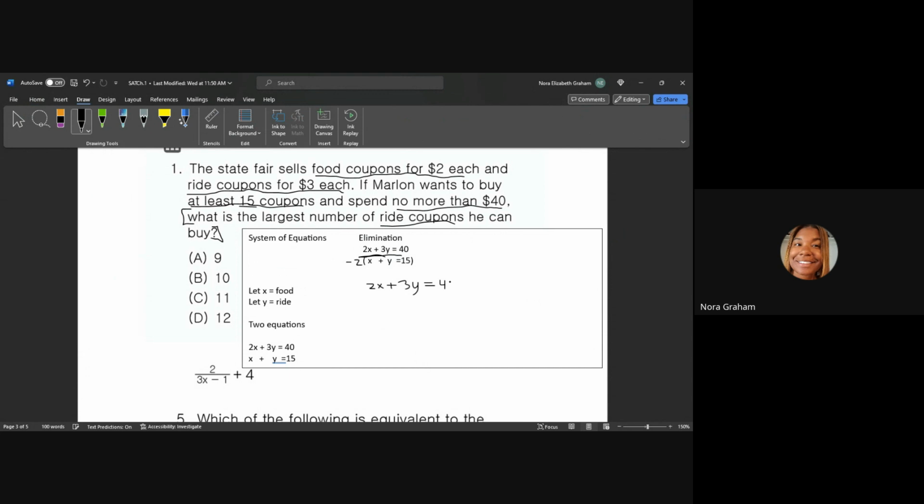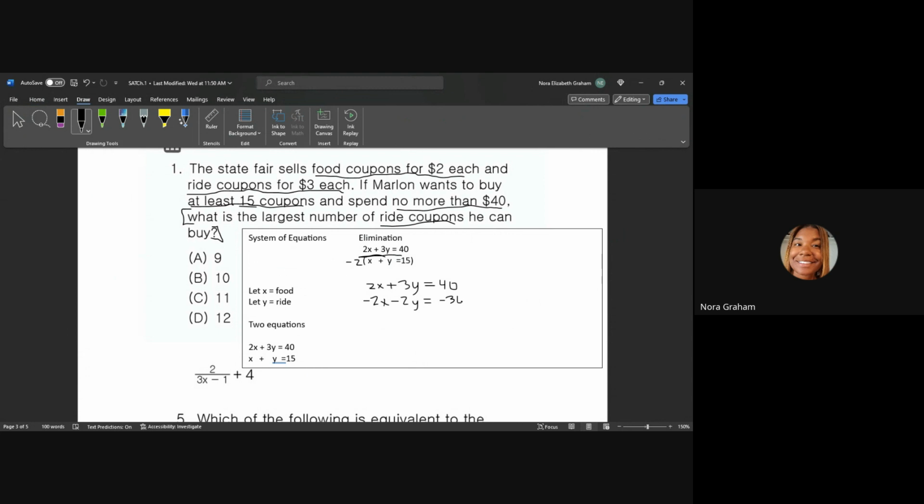Now my second equation is the one we're manipulating. So I distribute that -2 through. I get -2x minus 2y equals -30.